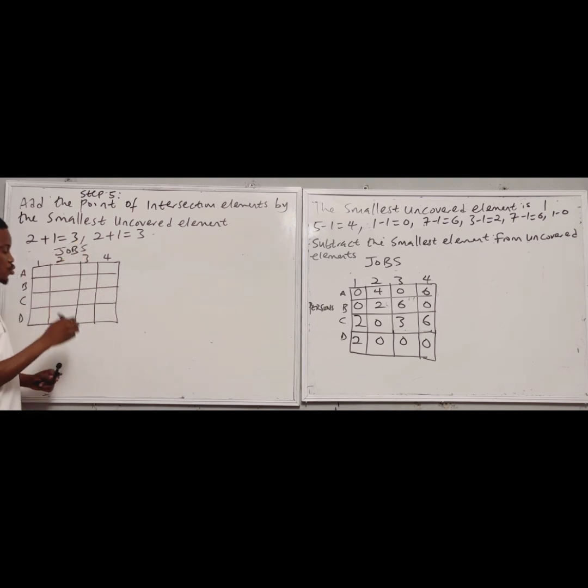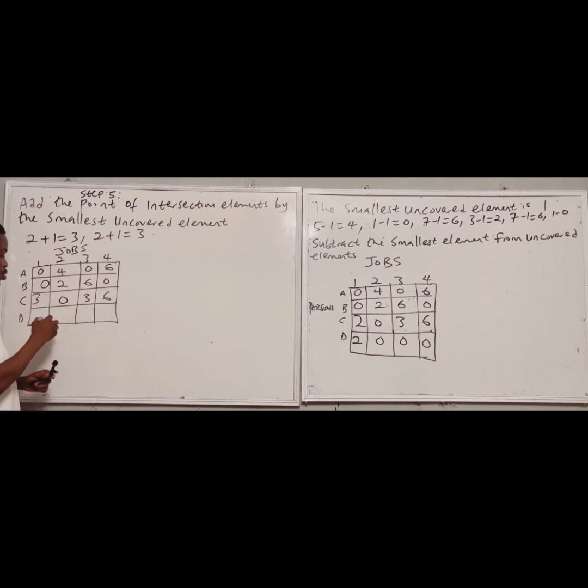What is my first row? 0, 4, 0, 6. My second row, 0, 2, 6, 0. My third row is 2, 0, 3, 6. And my 2 is a point of intersection, so I've added 1 to it. That is 3, 0, 3, 6.